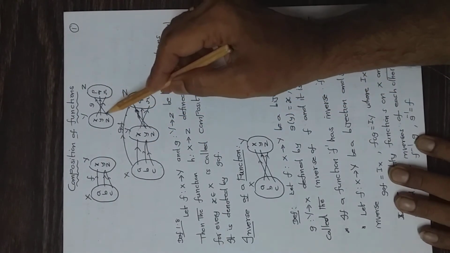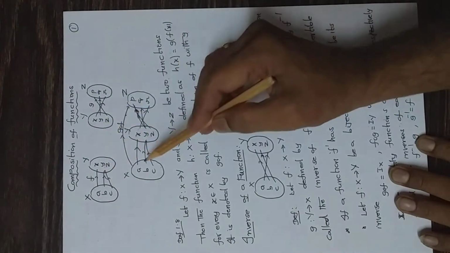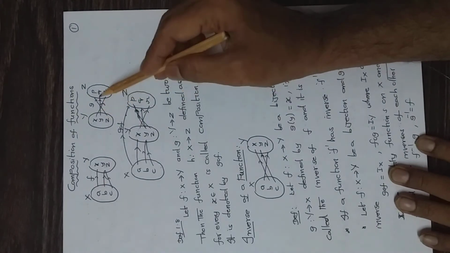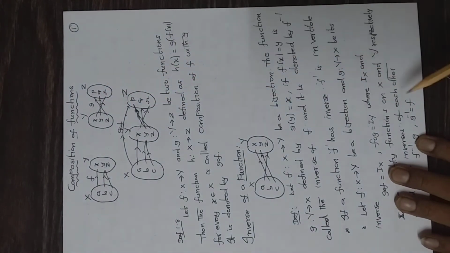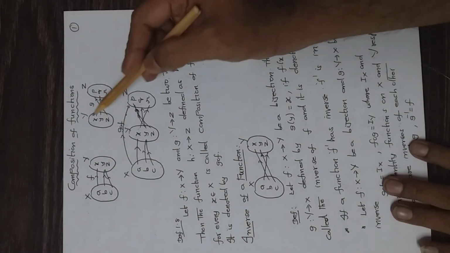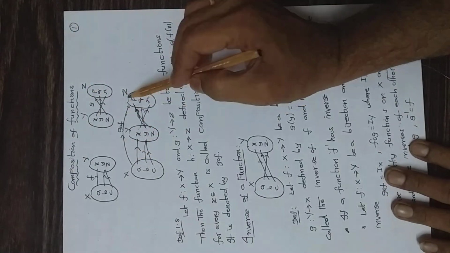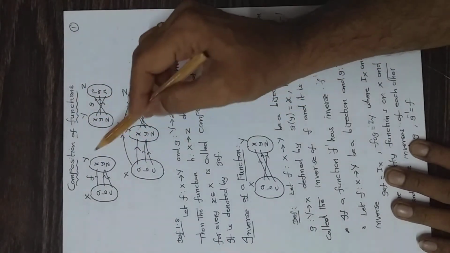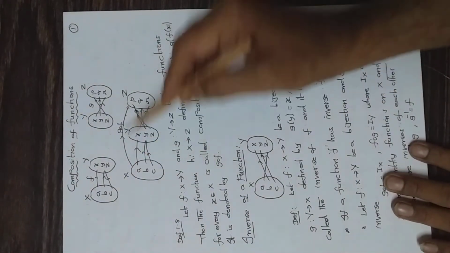Similarly, c is related to y, and y is related to q. Okay, so like that you have to write. What you are doing is eliminating the middle one and providing the link from X to Z. The middle one, Y, we are eliminating because there is no importance of Y here. The final answer is from X to Z.